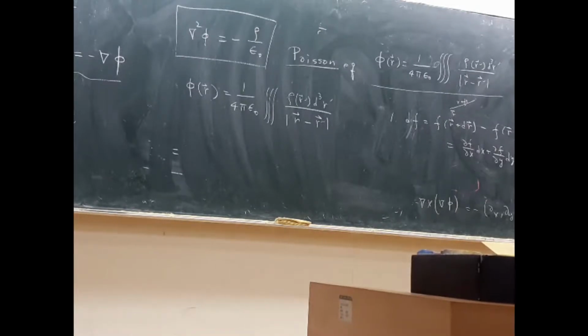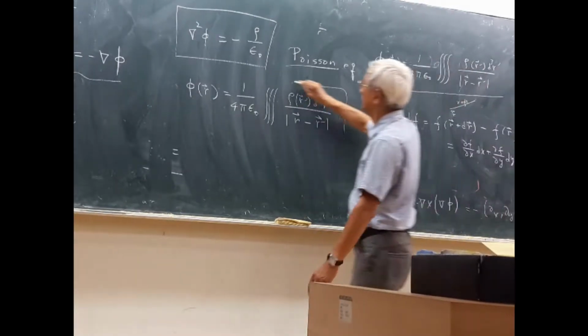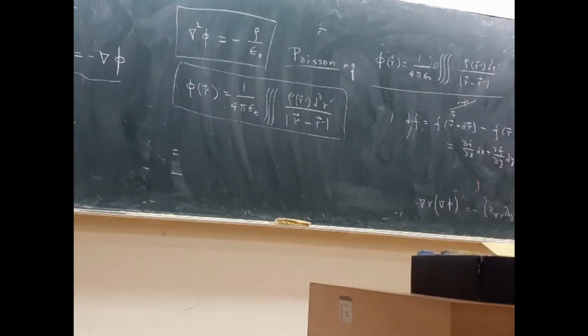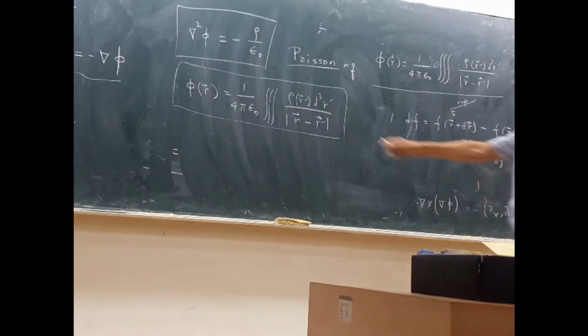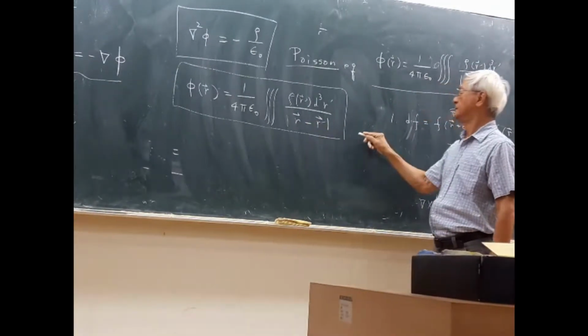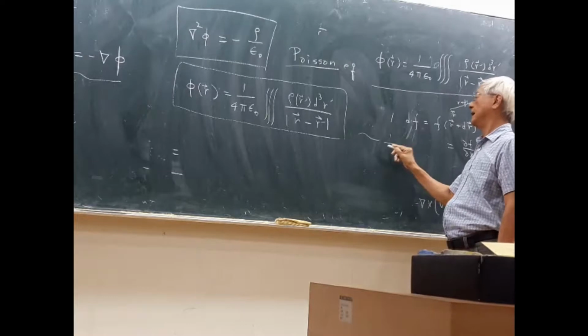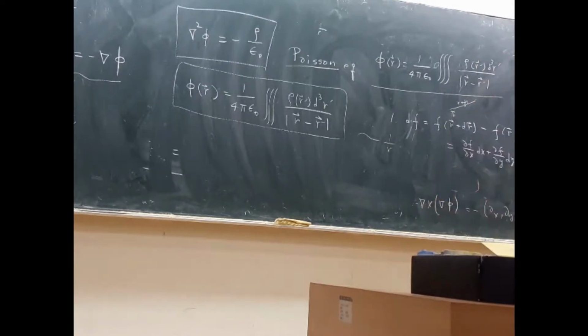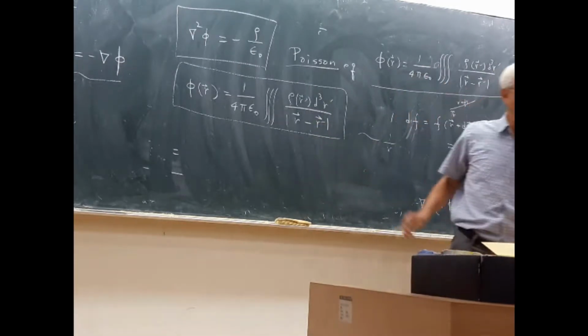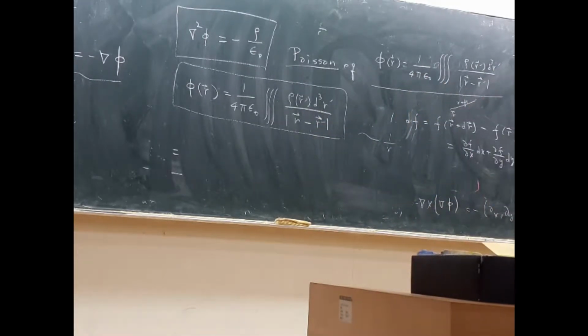By the way, this is very important. As R goes to infinity, it goes like 1 over R asymptotically. The effect of the charge is long range. The Coulomb field is a long range field.